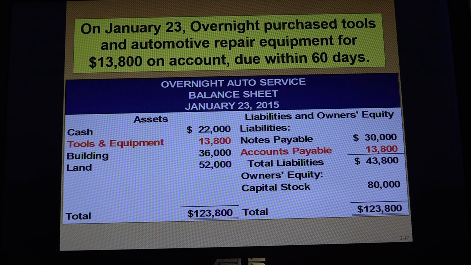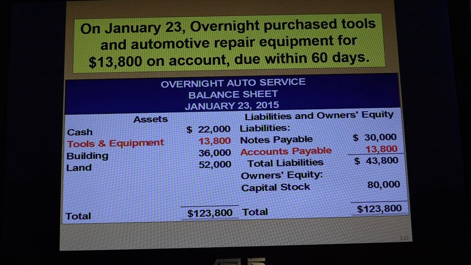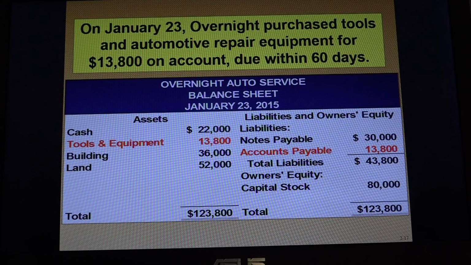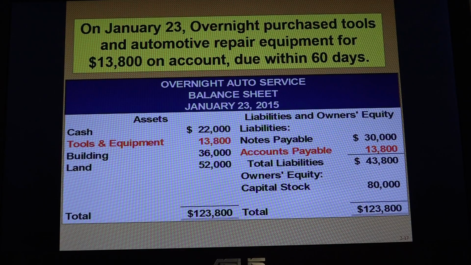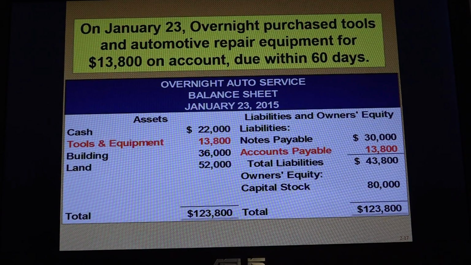And then on the right-hand side, you have another liability account you create called accounts payable. Now, normally, as far as listing your liabilities, they didn't do it here, but they should have listed the accounts payable before notes payable. If you recall, the notes payable is payable in 90 days.